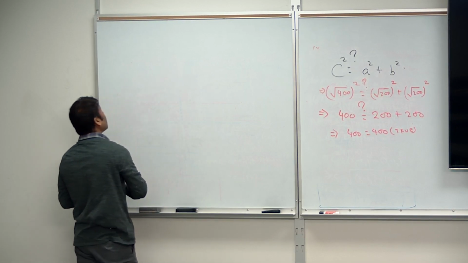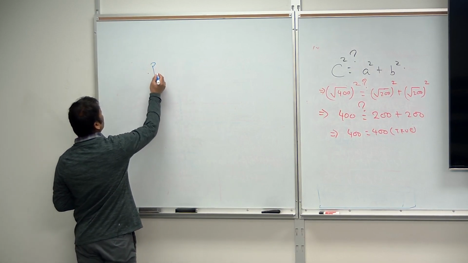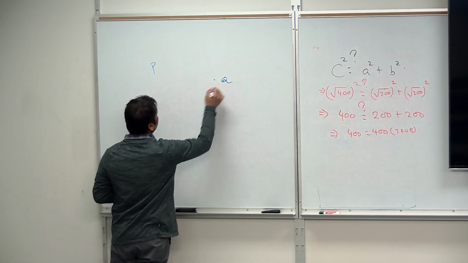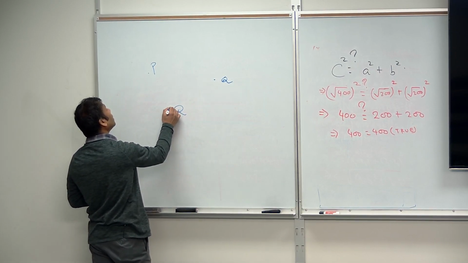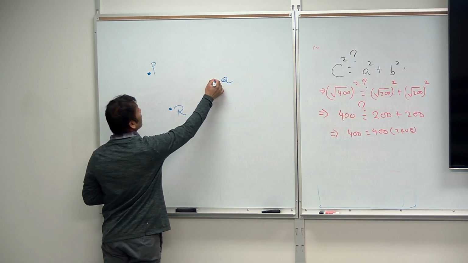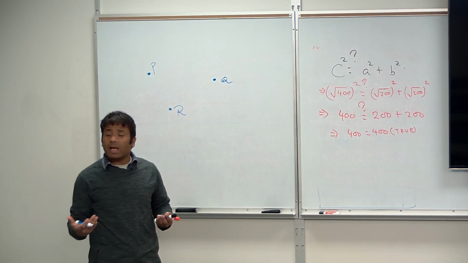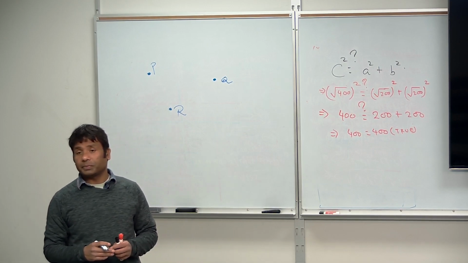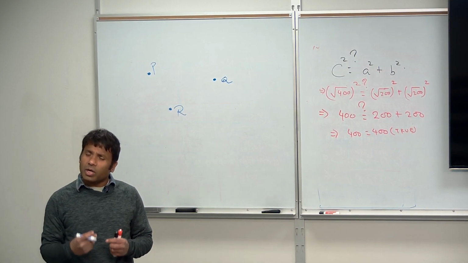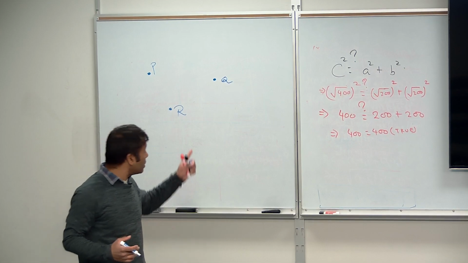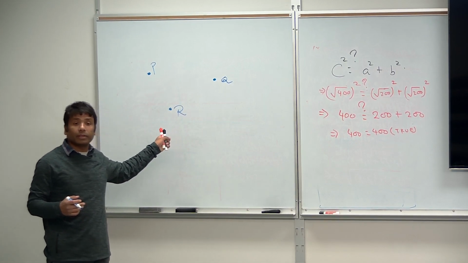If you have 3 points, let's say you have a point P here, point Q here, and point R here. You see that? So these 3 points, do they lie on a straight line? Can you draw a straight line passing through these 3 points, P, Q, R? No, right?